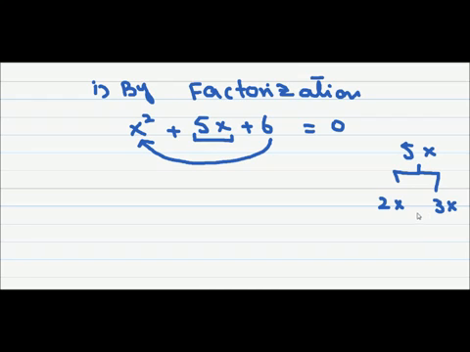When we sum these two, it gives us 5x, and if we multiply these two, it results in 6x squared. So let's rewrite the equation in the form of the factors. x squared plus 2x plus 3x plus 6 is equal to 0.